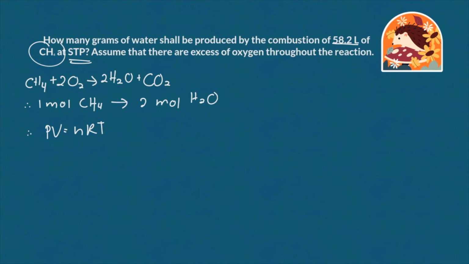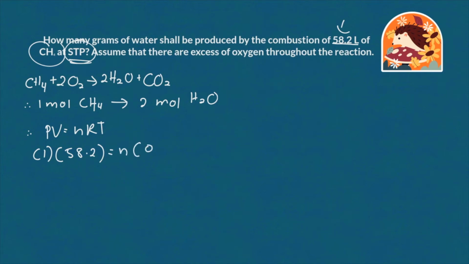Because it's stated here it is at STP, so your pressure is 1 atm, and the volume given in the question, 58.2 liter, is equivalent to n, the thing that you want to calculate.